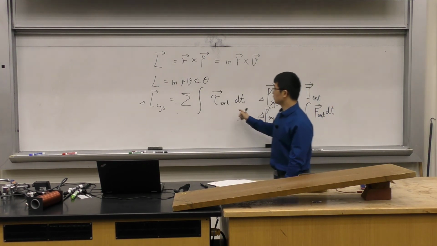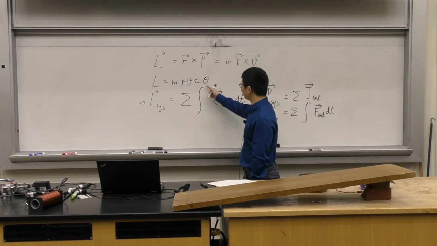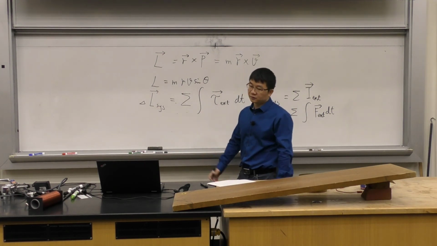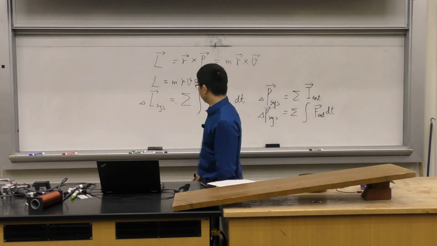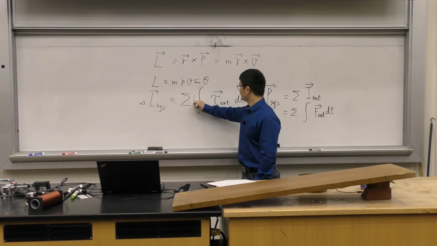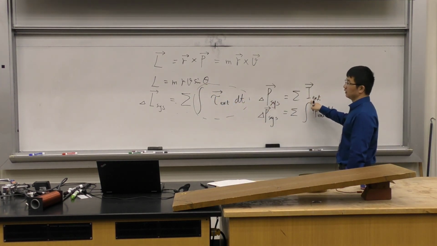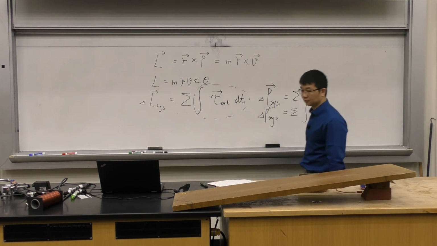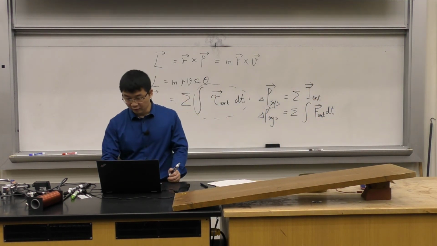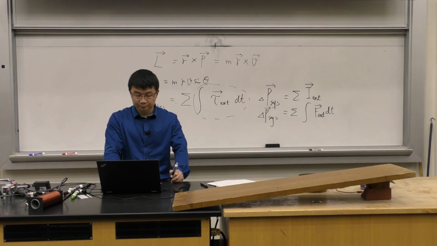You could also call this integral angular impulse, but physicists just didn't do that. But this whole thing is equivalent to the impulse we define in linear motion. So this is conservation of angular momentum.